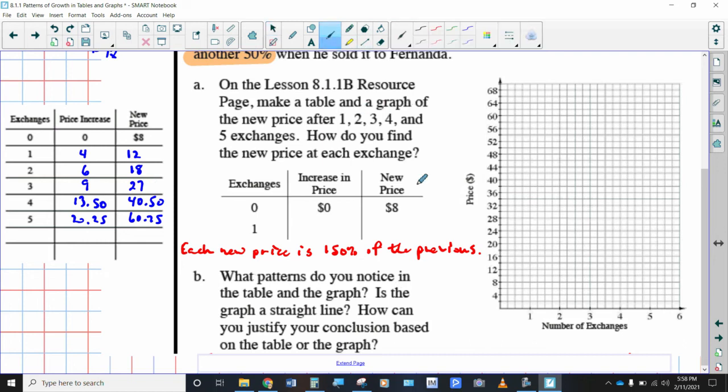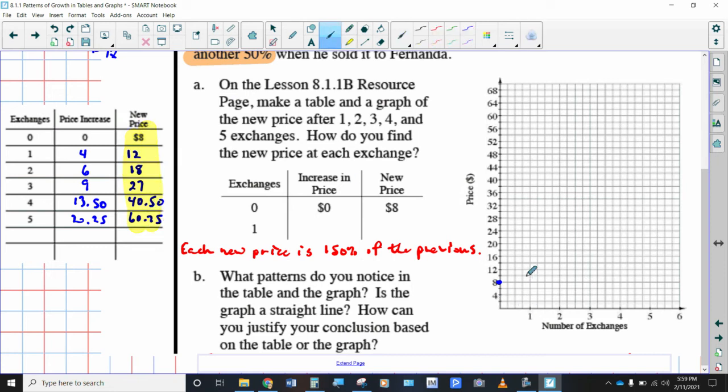So let's go ahead and graph this. Notice that the new price, we are not graphing the increase in price. We're graphing the new price. So this is a situation where we have a starting amount, which was $8. And then after one exchange, we're going to focus on these guys right here, the new price.